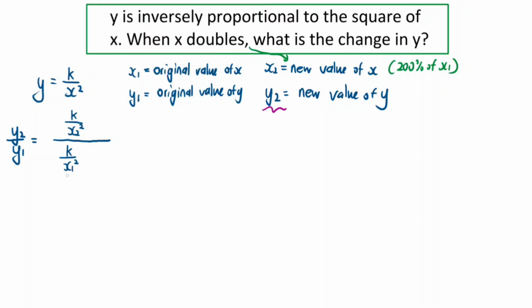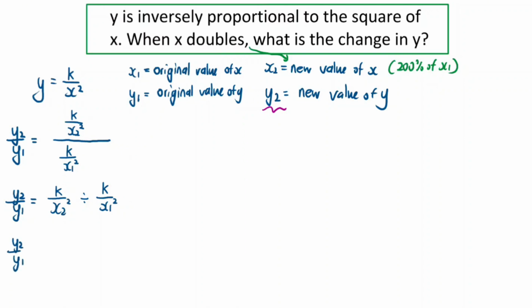Because on the right here is a complicated fraction, let me simplify it by doing this. So y2 over y1, therefore we can write it as k over x2 squared, which is the numerator here, divided by the previous denominator, which is k over x1 squared.